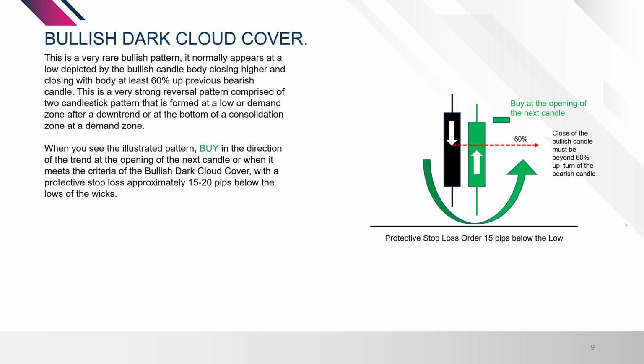When you see the illustrated pattern, buy in the direction of the trend at the opening of the next candle, or when it meets the criteria of the bullish dark cloud cover, with a protective stop loss approximately 15 to 20 pips below the lows of the week. Take note, the close of the bullish candle must be beyond 60% up of the last bearish candle in the pattern.